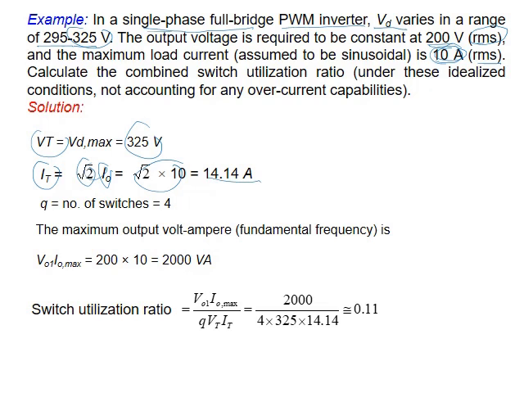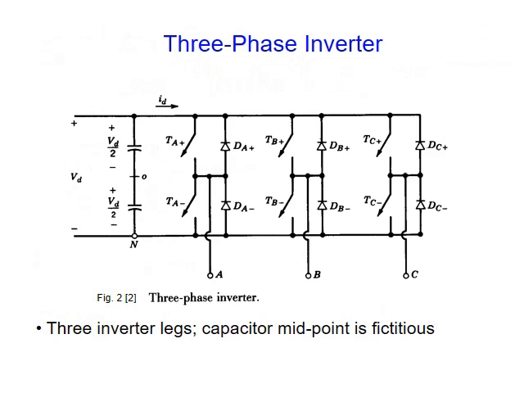It's a full bridge, so I expect Q to be 4 switches. And VO1 IO max is 200 by 10. He gave me both. Now let me substitute and do the calculation. It's 0.11. You remember the number in the previous slide? 0.16. Now it's 0.11. I told you it's lower than the expected one.